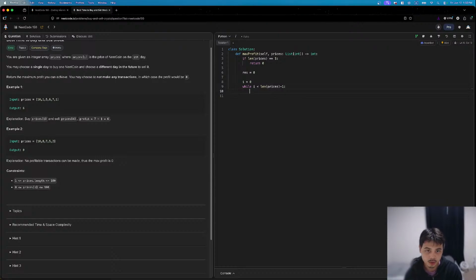What we can do is ask the question, j is equal to i plus 1.